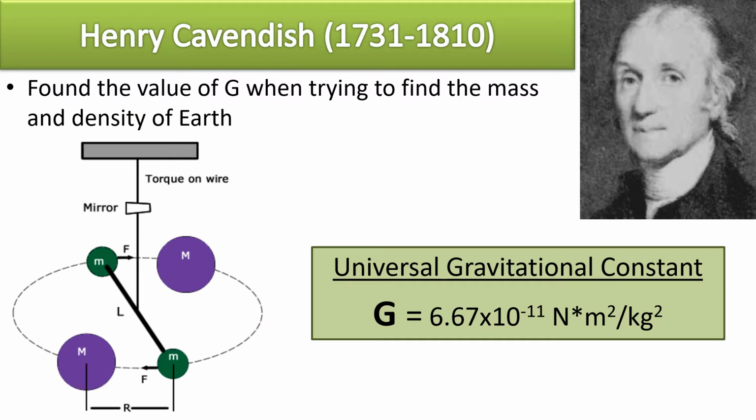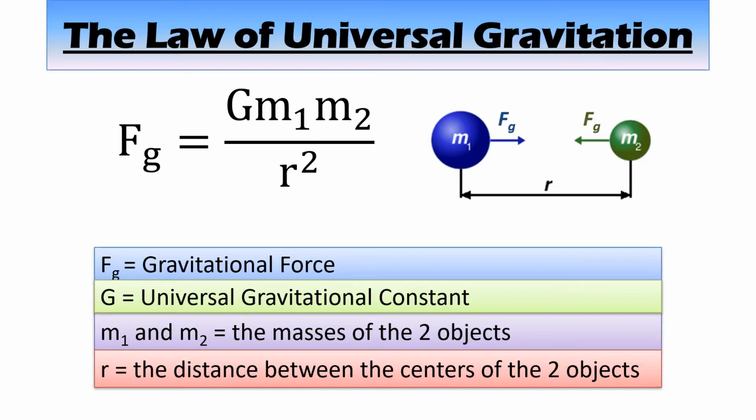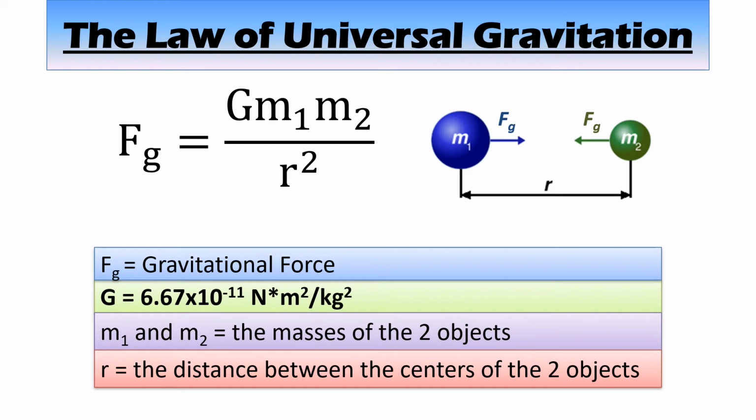There's just two masses suspended from a string, pretty much, and it's in an enclosed area, so there's no effect of wind pushing it, and you could measure how much the wire twists, and that'll help you find G. So this is the number. Look at that. You don't have to memorize that because that's a pretty weird looking number. So the universal gravitation constant, now we know what that is. It's going to be the same thing every single time.